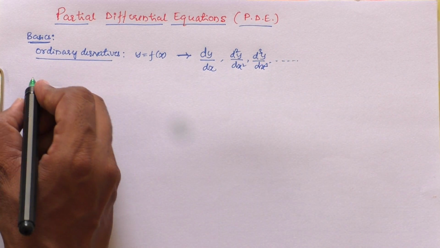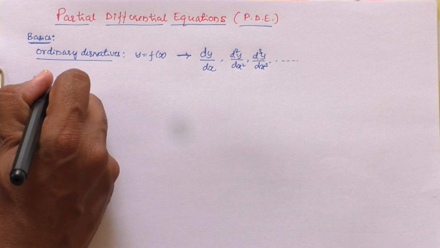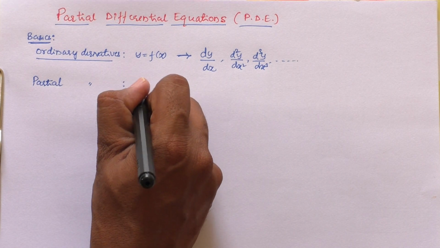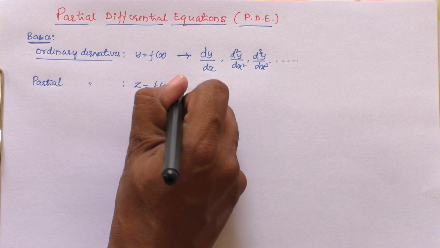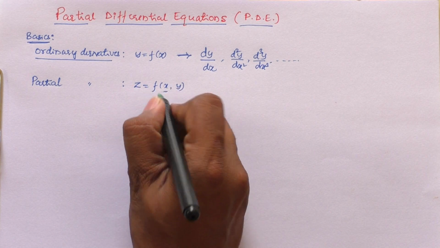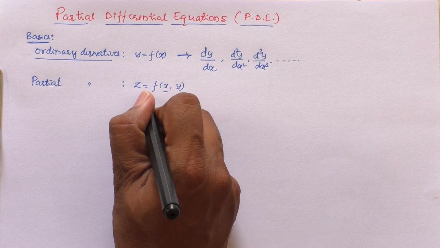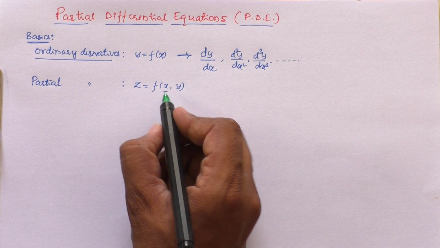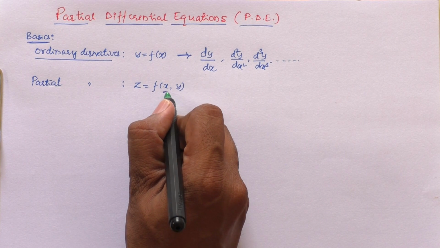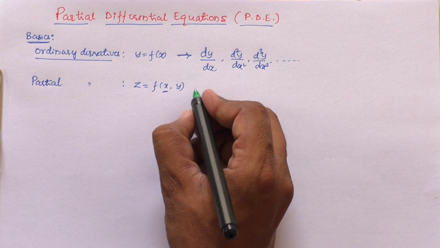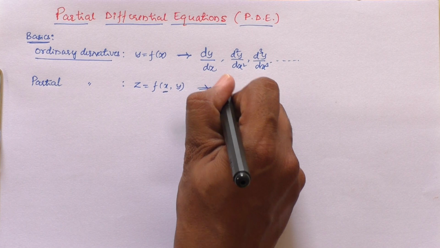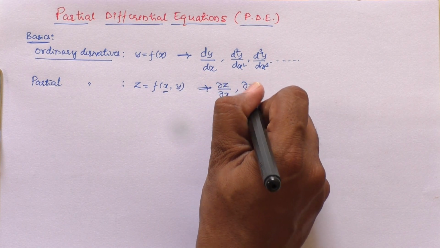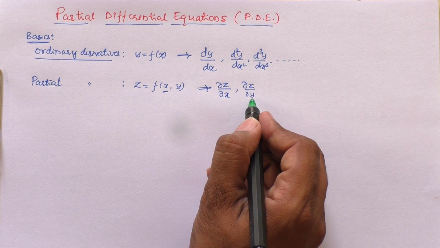In the same way, what do you mean by partial derivatives? Whenever z is a function of x comma y, suppose z is equal to f of x y, or z is a function of x and y, or we say z changes or varies as x changes, z varies as y changes, which can be expressed as dou z by dou x, dou z by dou y, change in z with respect to x, change in z with respect to y.